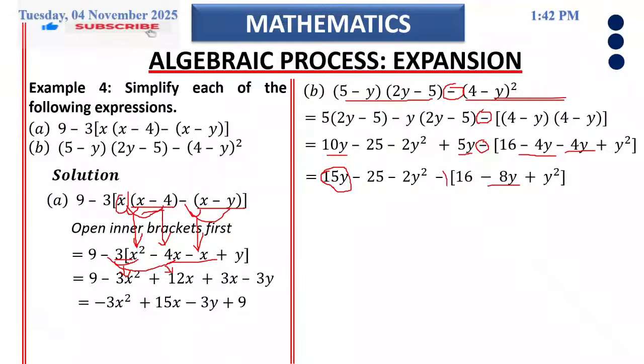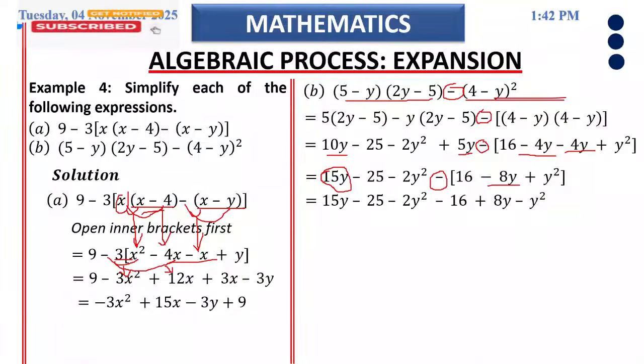Don't forget our negative is here, so we can go ahead and expand it by multiplying through by the negative. I mean multiplying the 16 minus 8y plus y squared by the negative. So you can see what I'm talking about.